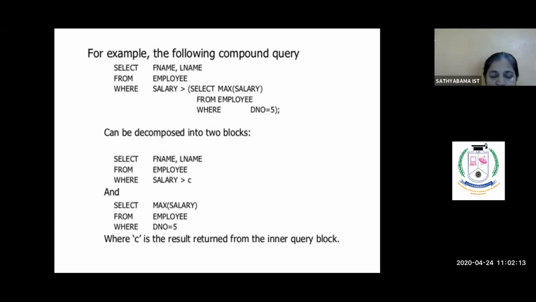So I have split it and shown you. Select F name, L name from employee where salary is greater than the result of the inner query, which is mentioned as C. And the other query block: select max of salary from employee where DNO is equal to 5. So we have two query blocks.